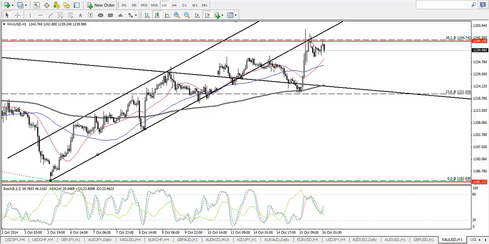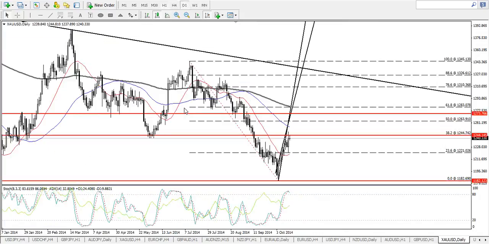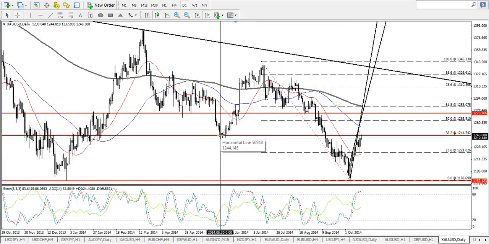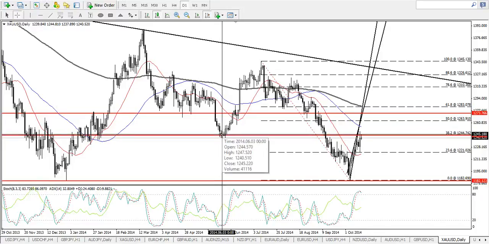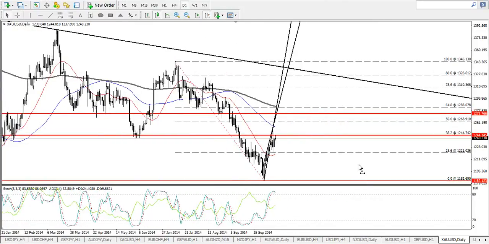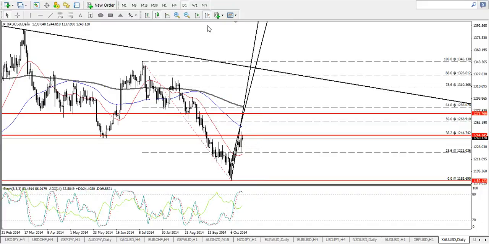At the same time, this level is also the Fibonacci retracement level of 38.2%. If I zoom out a little bit more in the day chart, it is a previous support back in May this year itself.